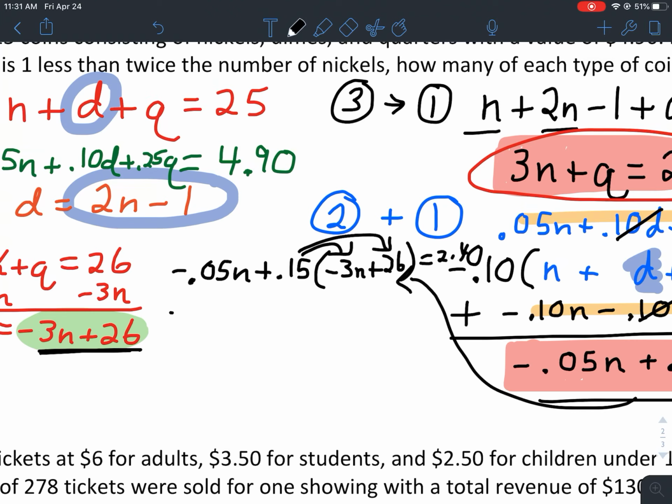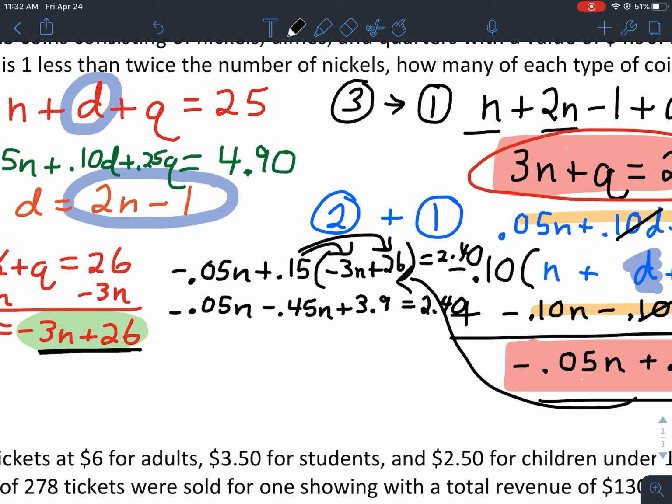Okay, so now it's a matter of just distributing and solving for n. So I have 0.15 times negative 3, so we have negative 0.45n. And then I have my 26 times 0.15, so I have 3.90 equals 240. So now I combine like terms.